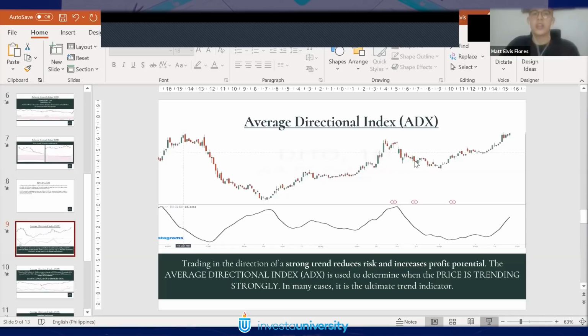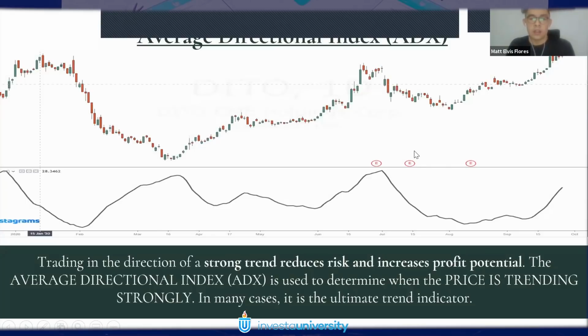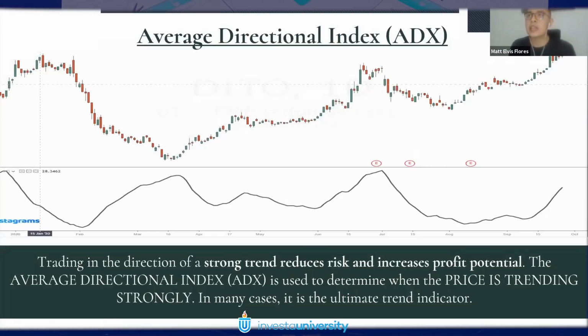So guys, if you're wondering, bro Matt, ano ba talaga dapat gagamitin namin? We already know how to use the volume. We already know how to use the basic patterns, how to identify the basic support and resistance. Ano ba talaga unahin namin? Should I use MACD? Should I use relative strength index?